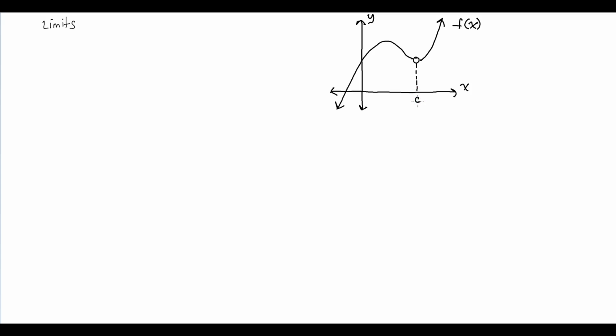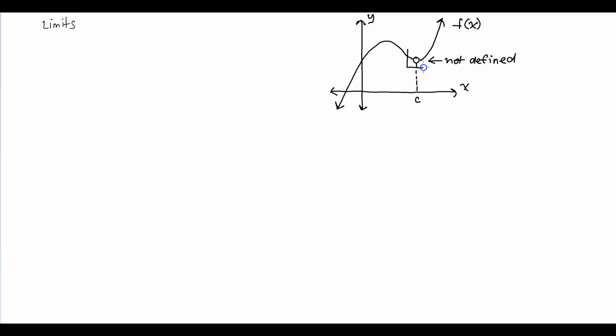At x equals c, the function f of x is not necessarily defined at c. However, you can find what is known as a limit. A better definition is: as x gets closer and closer to c, as x approaches c, what does f of x approach?